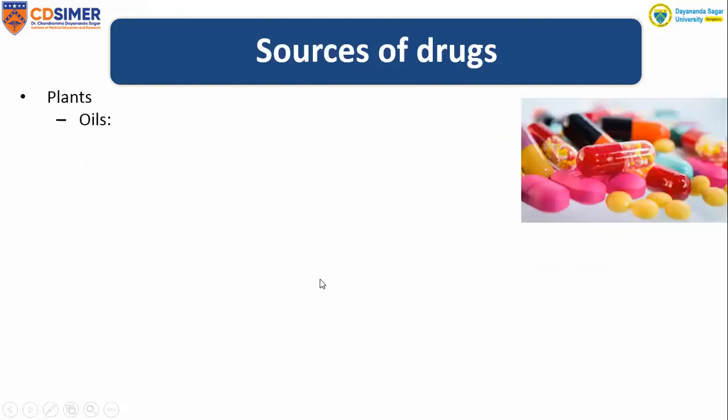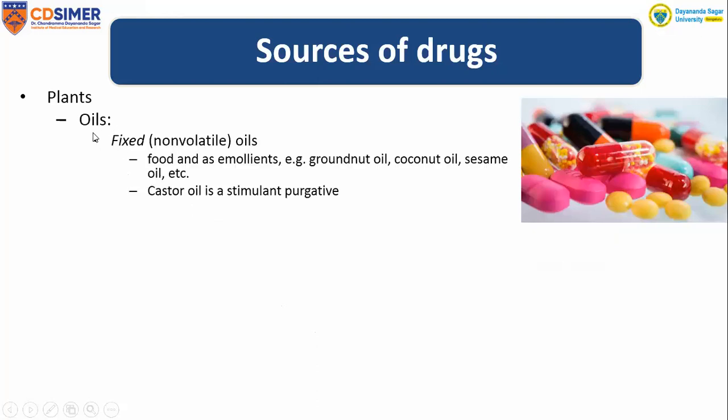Other plant sources are oils. Okay, fixed oils can be used as food and as emollients: groundnut oil, coconut oil, sesame oil, castor oil as a purgative.